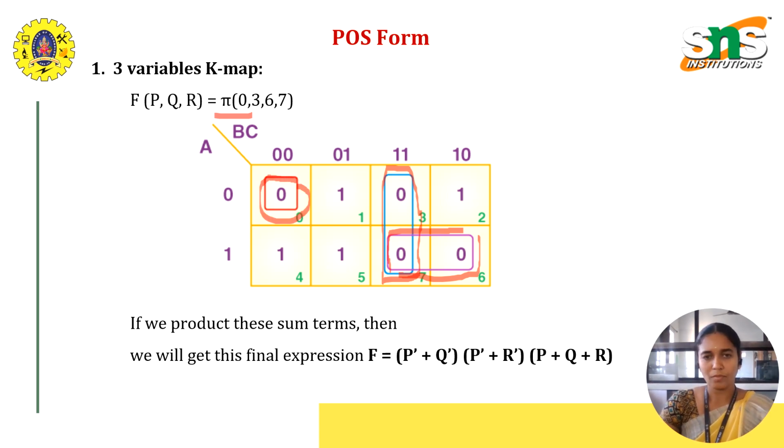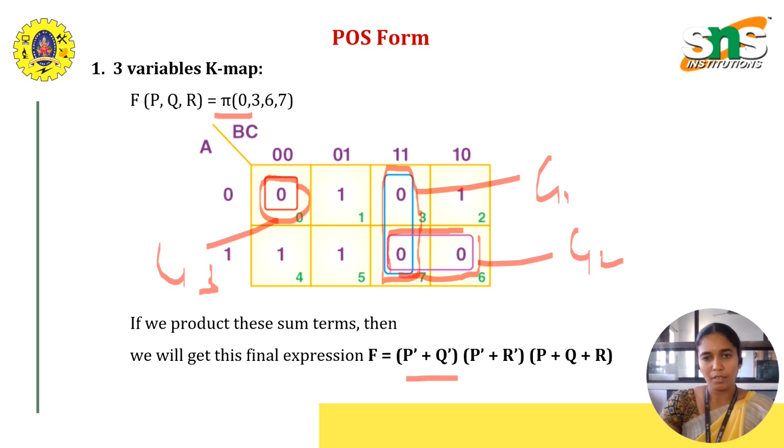For this POS function, we multiply all the groups. This is group 1, this is group 2, and we take the leftover as group 3. These groups are multiplied. For group 1, having 1 and 1, that is P plus Q, and for the 1 and 1 we mention the complement, that is P bar plus Q bar.